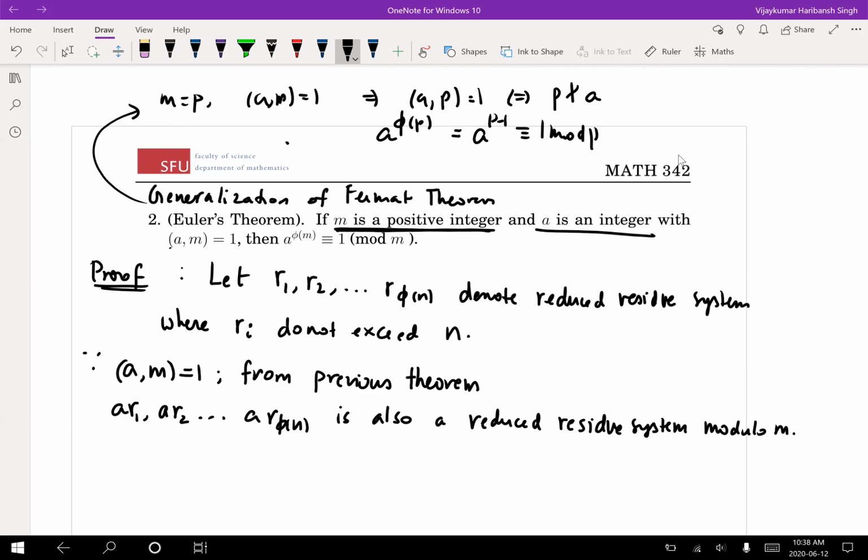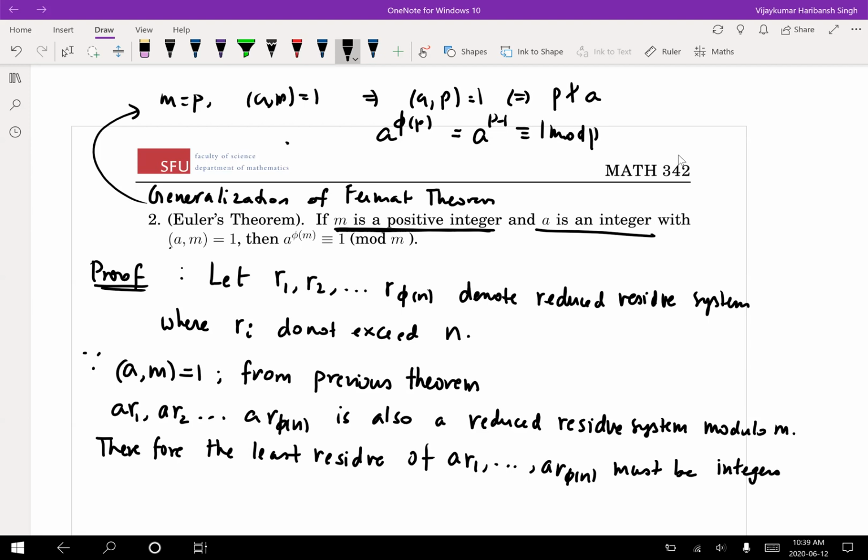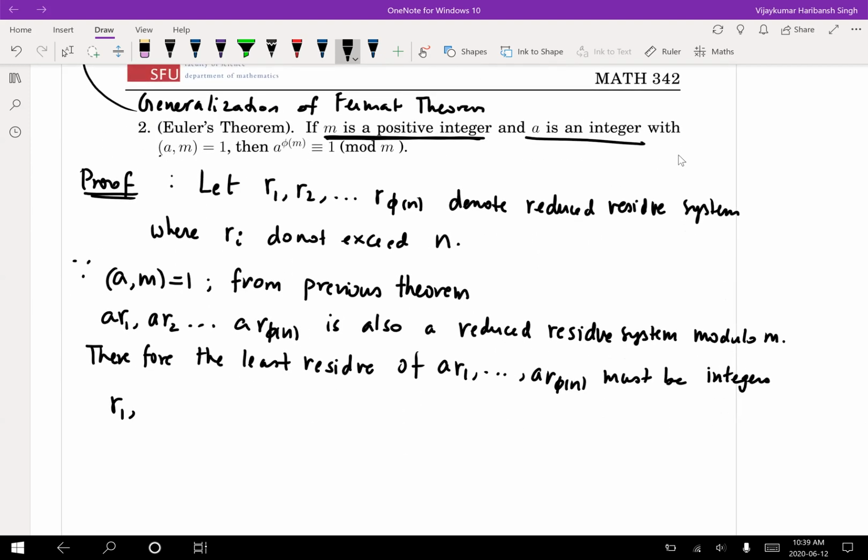Hence, if you go modulo n, the reduced residues, therefore the least residue, that means the remainder, of aR1 up to aR phi of n must be the integers R1, R2, up to R phi of n in some order.